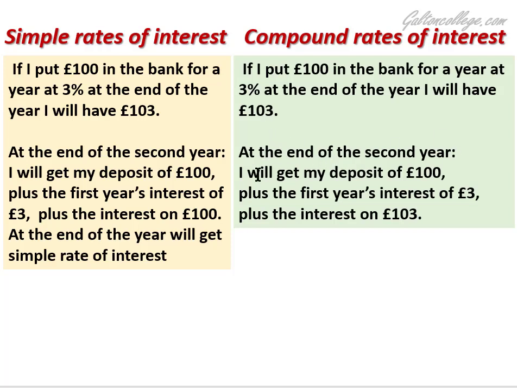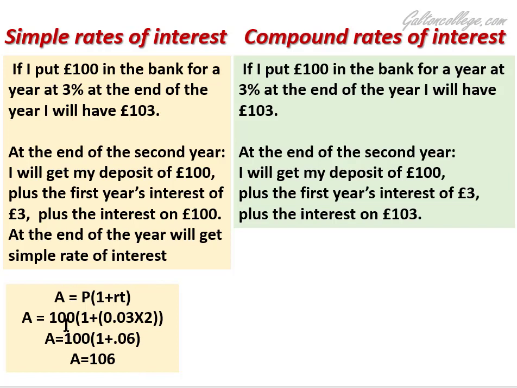At the end of the second year, I'll get my £100 back, plus the interest from the first year, which is £3, plus the interest on £103. Now please note, it's not the interest on the principal anymore. It's now the principal plus the interest I got in the first year. So in the second year, I get the interest on this one. And that's different. We don't get the interest on the interest here. We do in the compound rate.